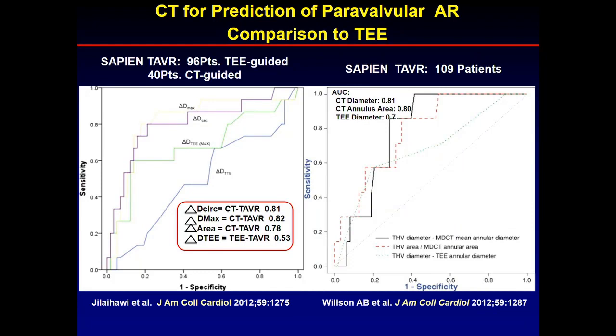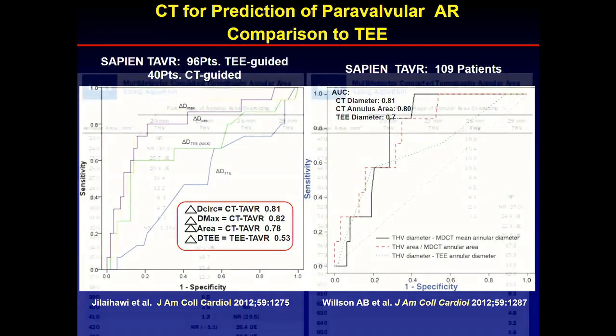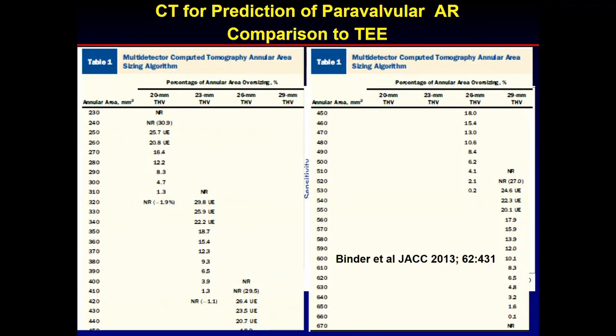And we know that really CT has become the standard by which we determine what sizing should be done. There are many studies out there showing benefits of CT over both TEE and transthoracic echo. And this particular study by Binder, again, shows how, at least with the Sapien valves, you can identify what size to use based on the area of the valve.